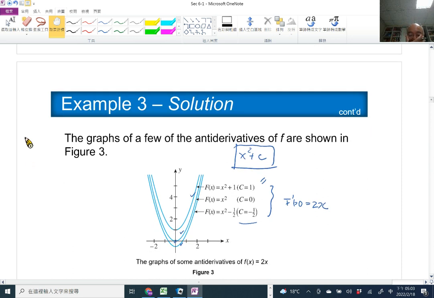In this case, the core is x squared, and plus c can be provided by different c in order to come up with different possible solutions for the antiderivative. When we plot those antiderivatives, they all have the same parabola form and only differ by their y-intercept.